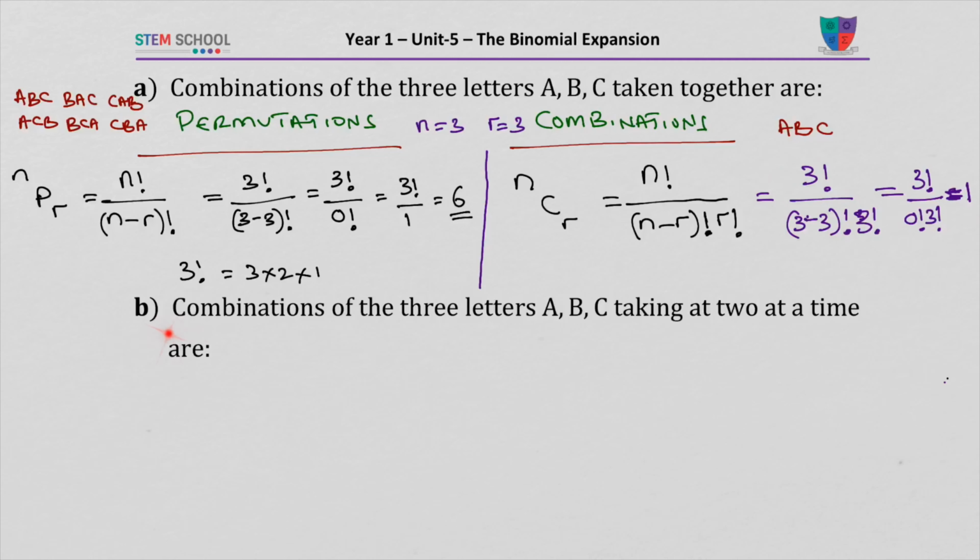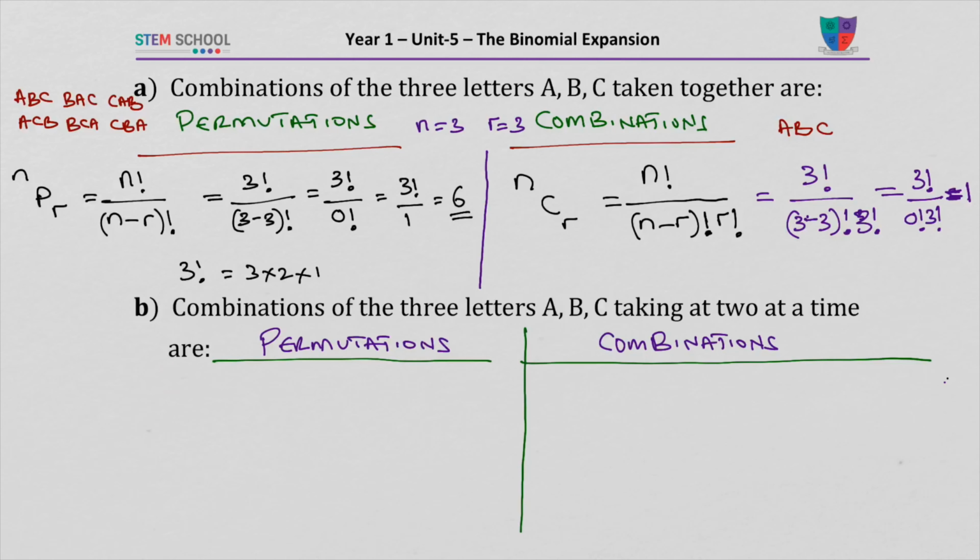Question B. Combinations of the 3 letters A, B, C taken 2 at a time are. Again, I'm going to answer this question for permutation and for combinations. So for 3P2, you've got 3 items and you're picking 2 at a time.